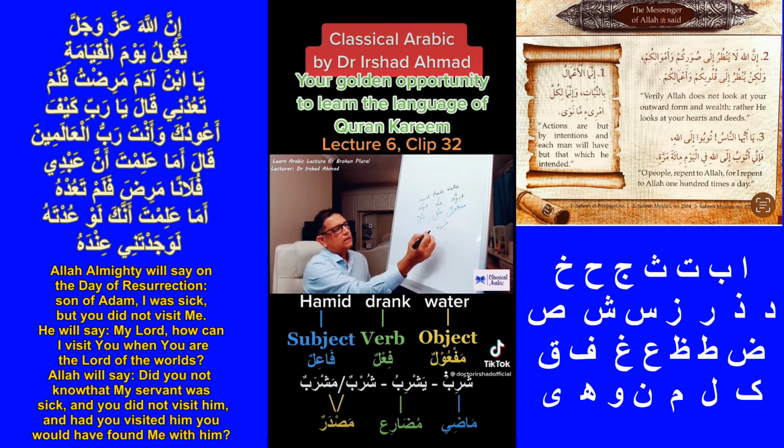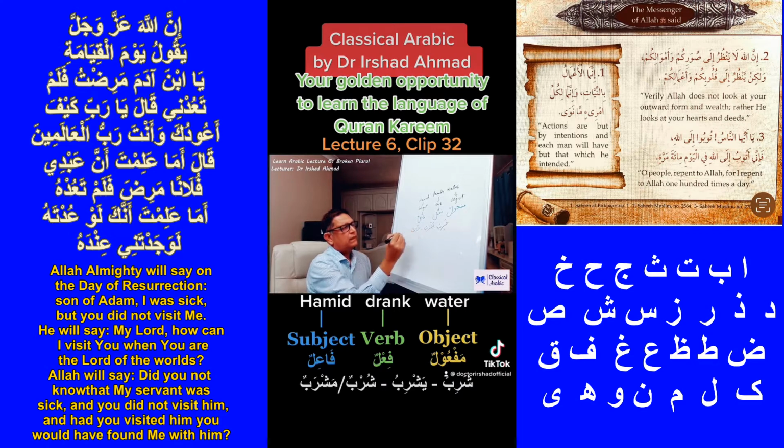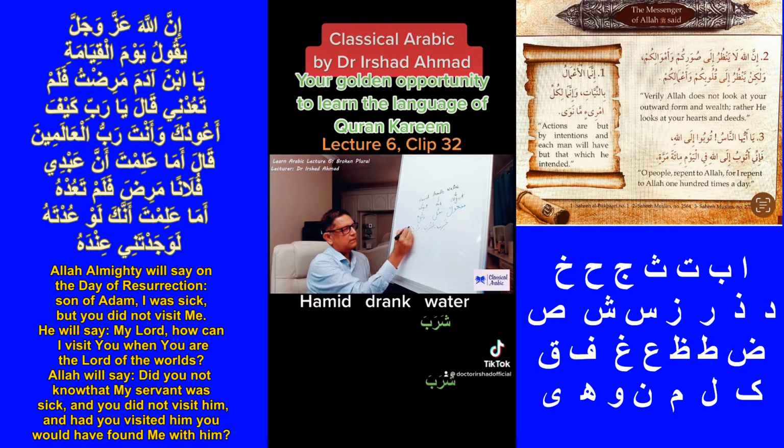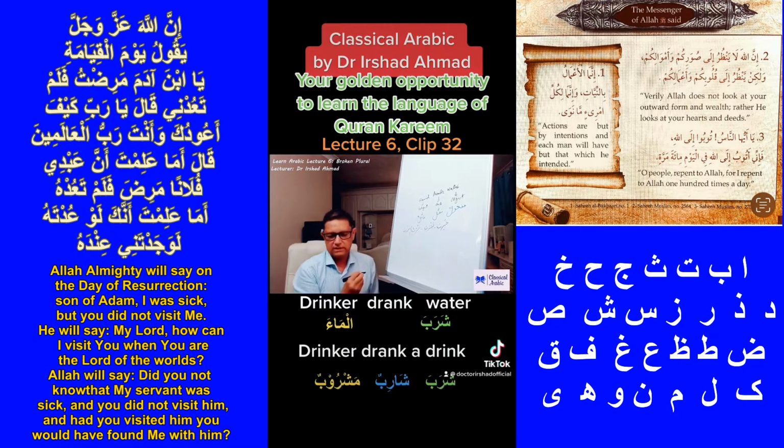So shariba. It will be actually shariba, yashrabu. If we go to the same exercise, yashrabu, and shurbun will be masdar. Some verbs have more than one masdar, and in this case, mashrabun is another masdar.